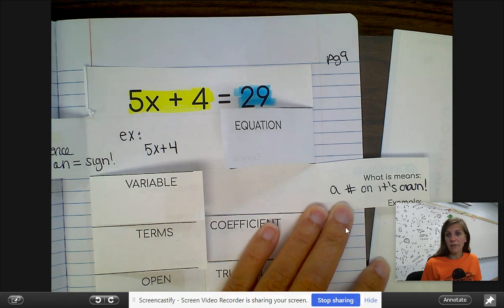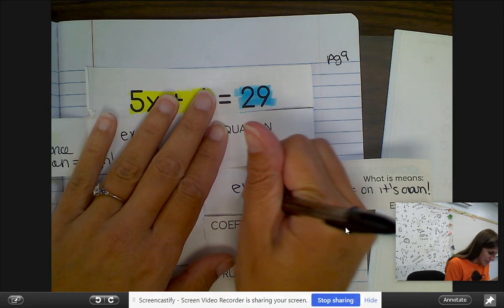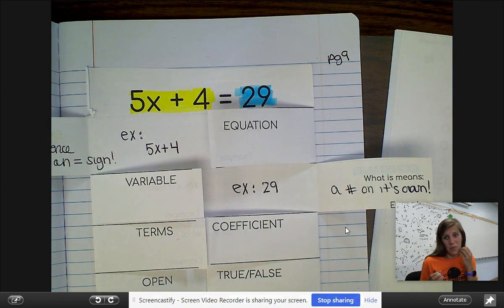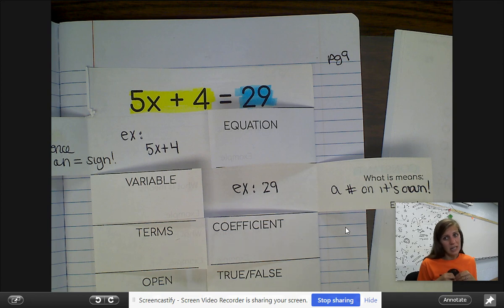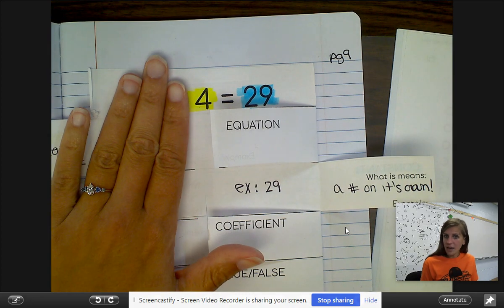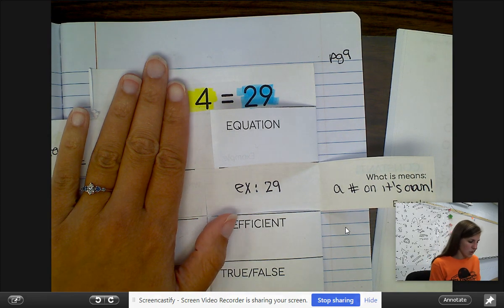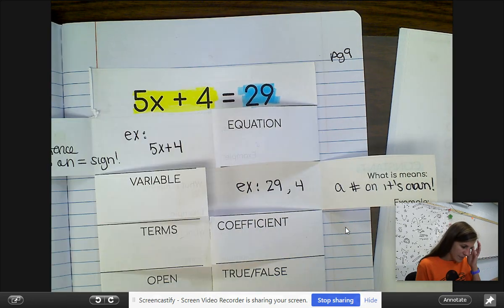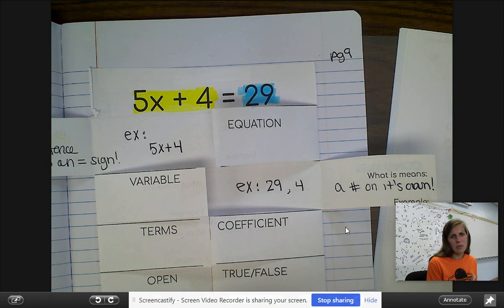Likes that single life. Number on its own. So our example of that is 29. And actually there's another example of a constant number here, which is a little weird and confusing. But truly, if I ignore this, I could call 4 a constant as well, a number on its own. So 4 would also be a constant. Even though it's kind of linked with the 5x, if we just talk about the 4, it's a constant.